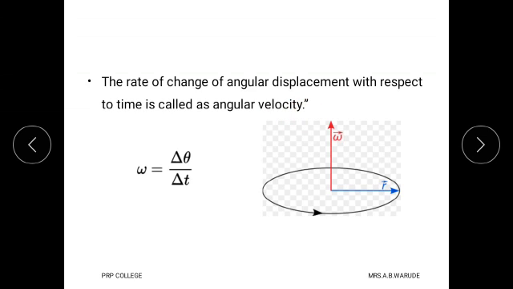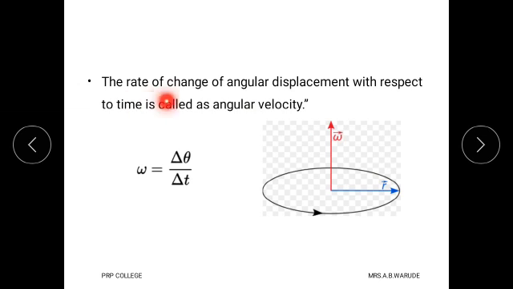Or you may say that the rate of change of angular displacement with respect to time is called angular velocity. Omega is the symbol used to denote angular velocity.